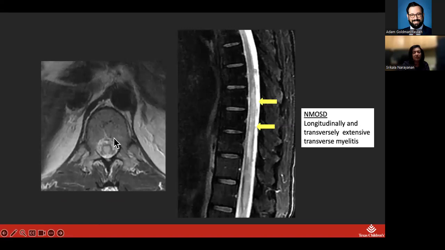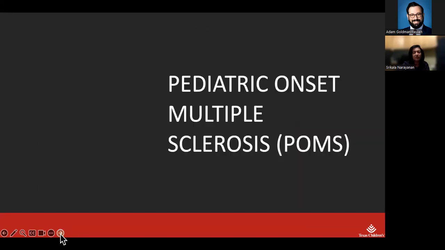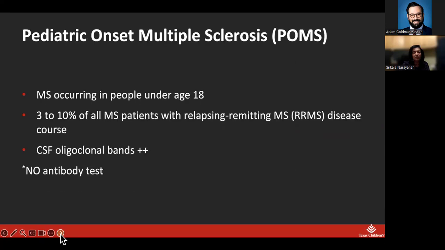So here's just a case showing transverse myelitis, not super longitudinal, but involving more than 3 vertebral segments. Okay, and with that, we'll end NMO and then go into our next topic, pediatric onset multiple sclerosis.